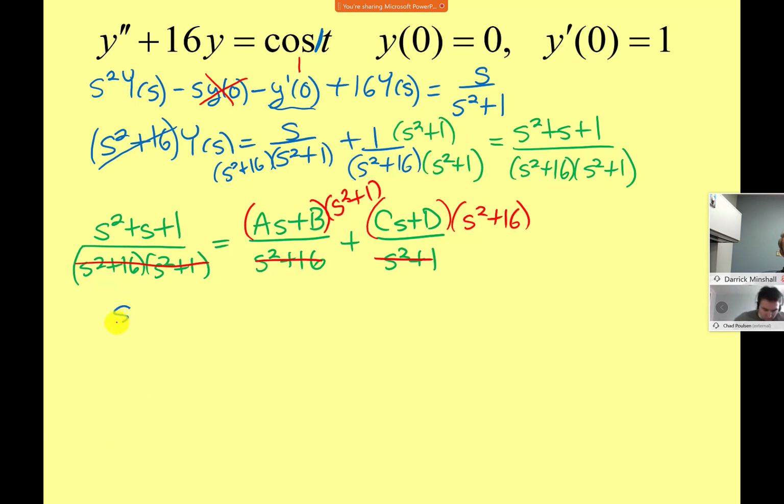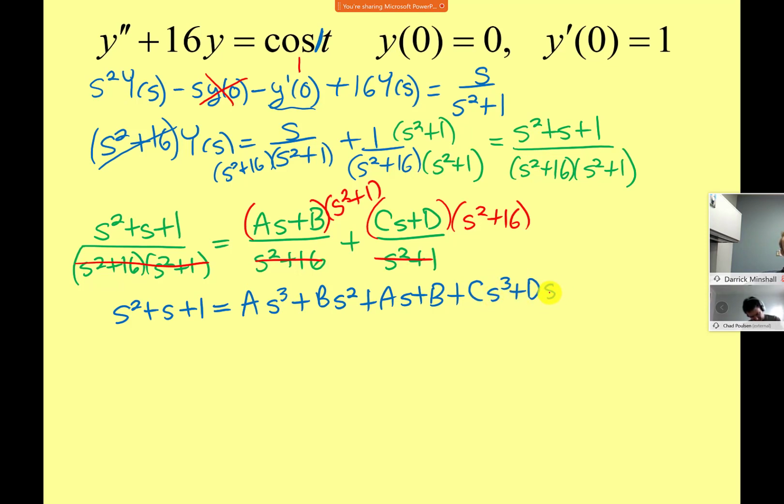So I'm going to have s squared plus s plus 1 equals, I've got a FOIL, so As cubed plus Bs squared plus As plus B, and then plus the second one, Cs cubed plus Ds squared plus 16Cs plus 16D. So it's big and it's long, but it is just algebra.